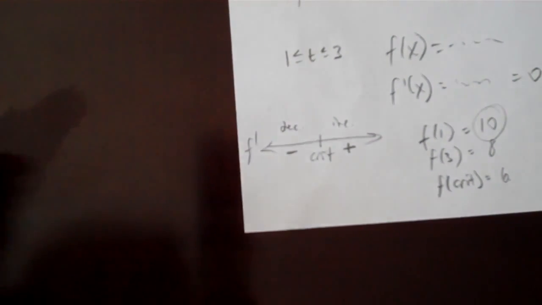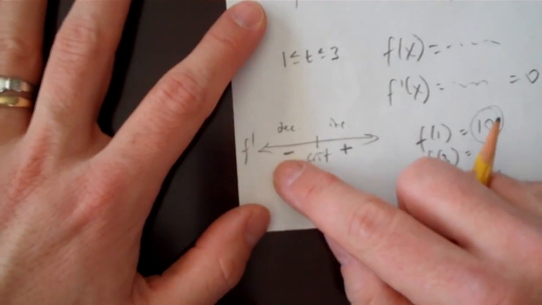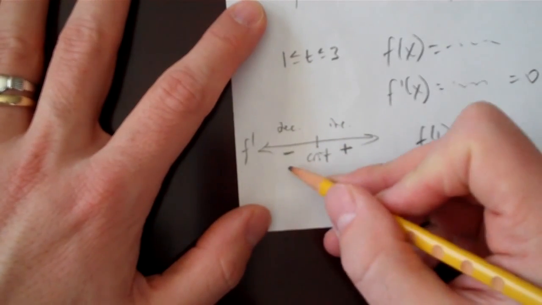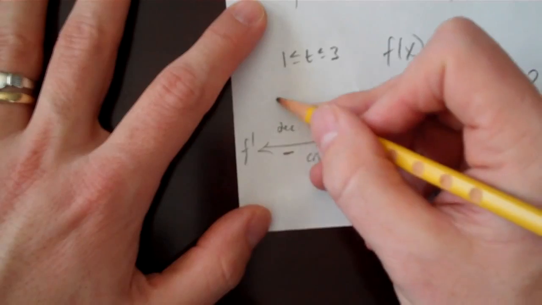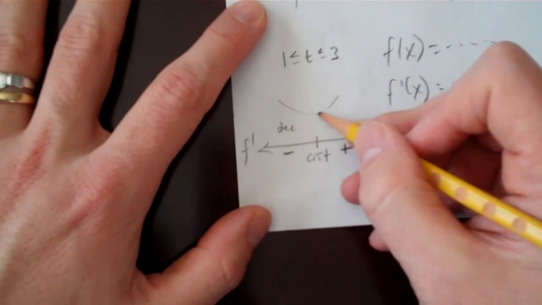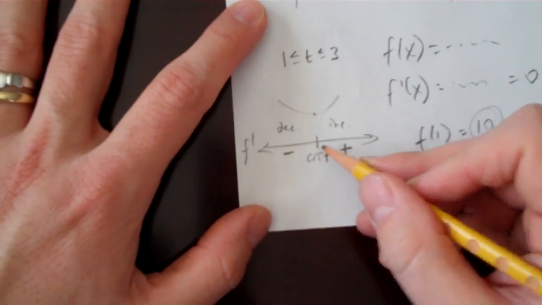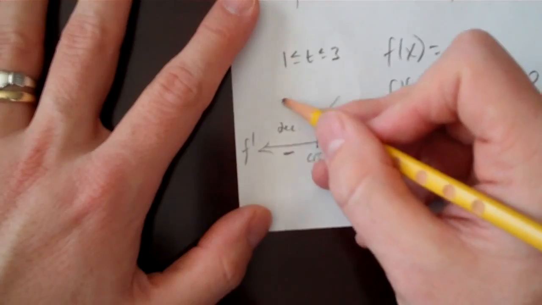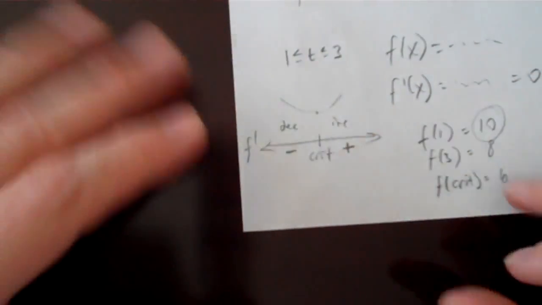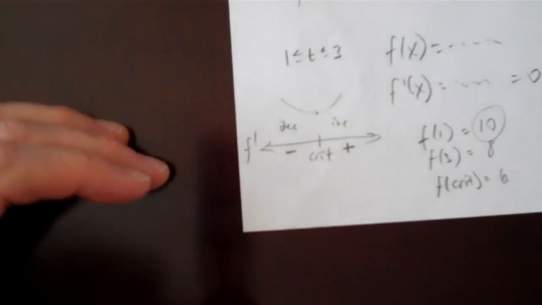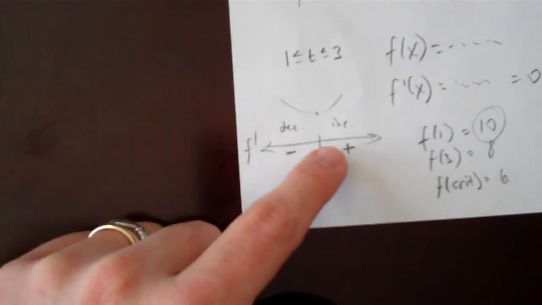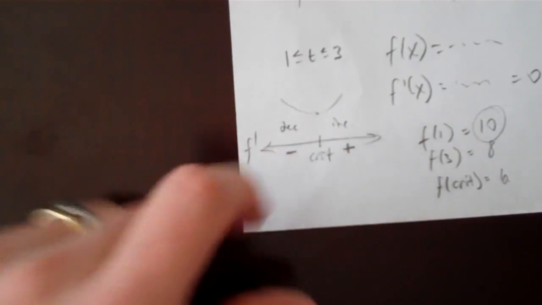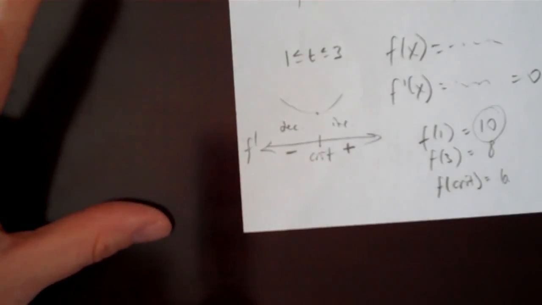In terms of f prime, if it goes from negative to positive, that means negative slopes to positive slopes. In terms of f of x, it goes from decreasing to increasing. You can see here I'm going to have a relative min because f of x goes from decreasing to increasing. Write that out. It's like a single sentence. It's not that long. A particular point is a relative minimum because f of x changes from decreasing to increasing at that point. That's enough.